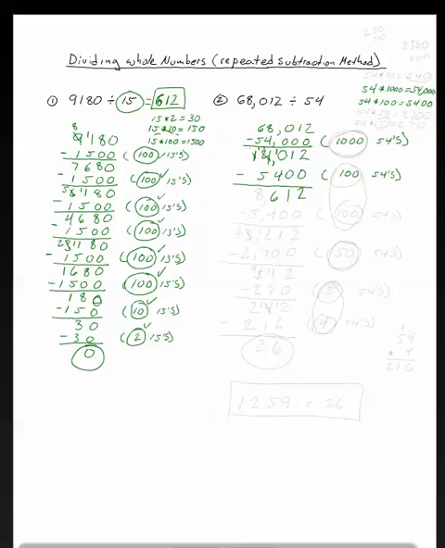And 13 minus 5 is going to give me 8. So I'm left with 8,612. I can subtract 5,400 from that, which is another 100 of my 54s.